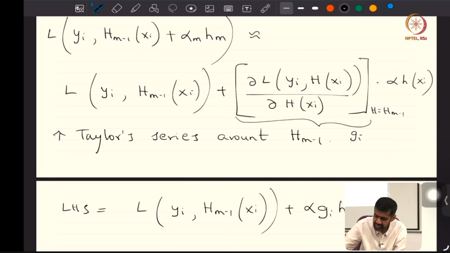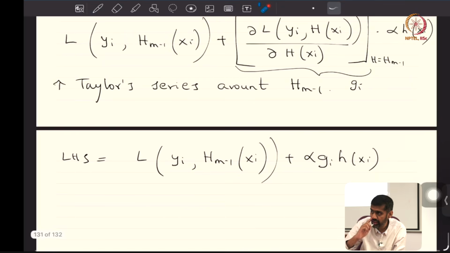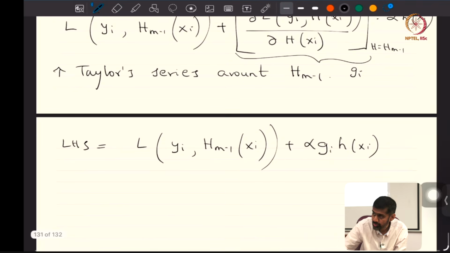Do you see why there is an index i here for the gradient? It is because we are evaluating that on the sample x_i. So, we will have to sum it over all samples, that is why we have this. So, this is what we have as the LHS and we want to minimize the sum of this.